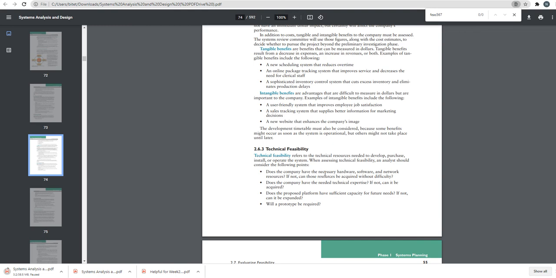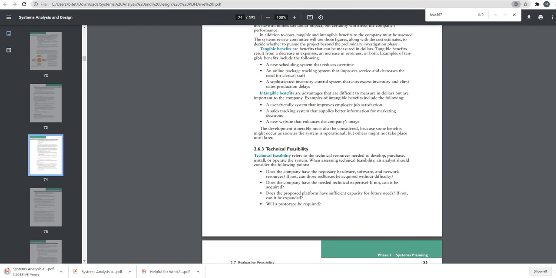Does the company have the technical expertise needed? Meaning the people who can use the application. For example, to use the application, the people working in the organization should also have some technical expertise. So do they have it? For example, system administration activities and networking activities need people who have networking skills and other things.